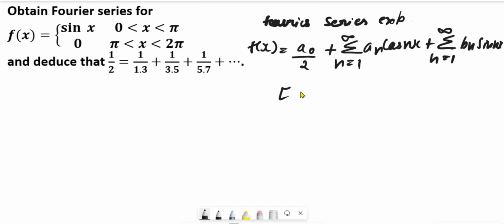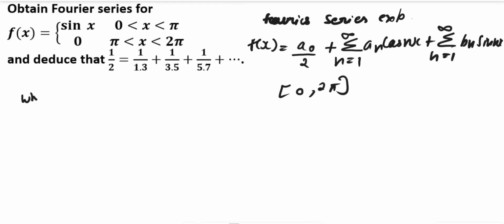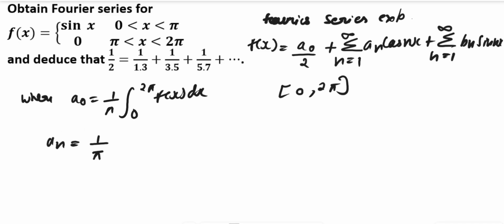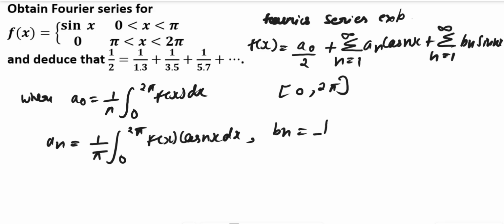This is for the interval 0 to 2 pi, where a naught is given by 1 upon pi integration 0 to 2 pi f(x) dx, a_n is given by 1 upon pi integration 0 to 2 pi f(x) cos nx dx, and b_n is given by 1 upon pi integration 0 to 2 pi f(x) sin nx dx.